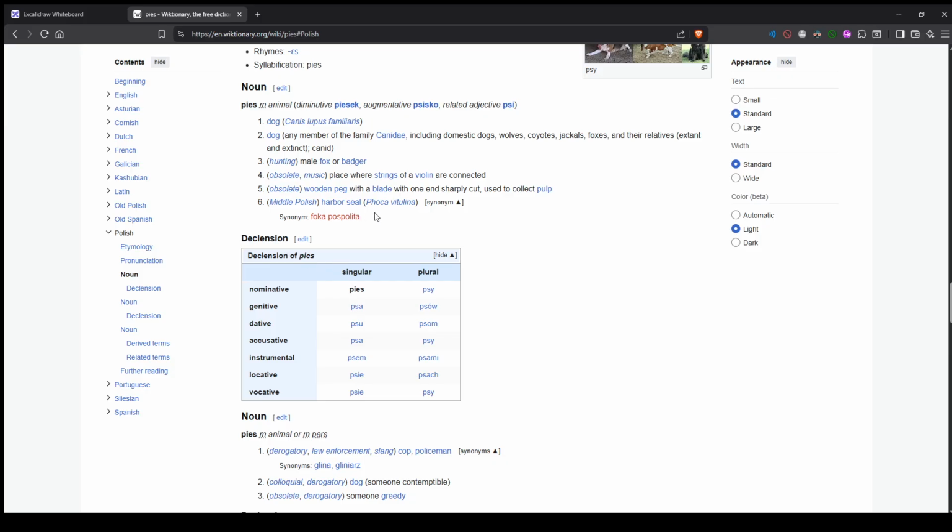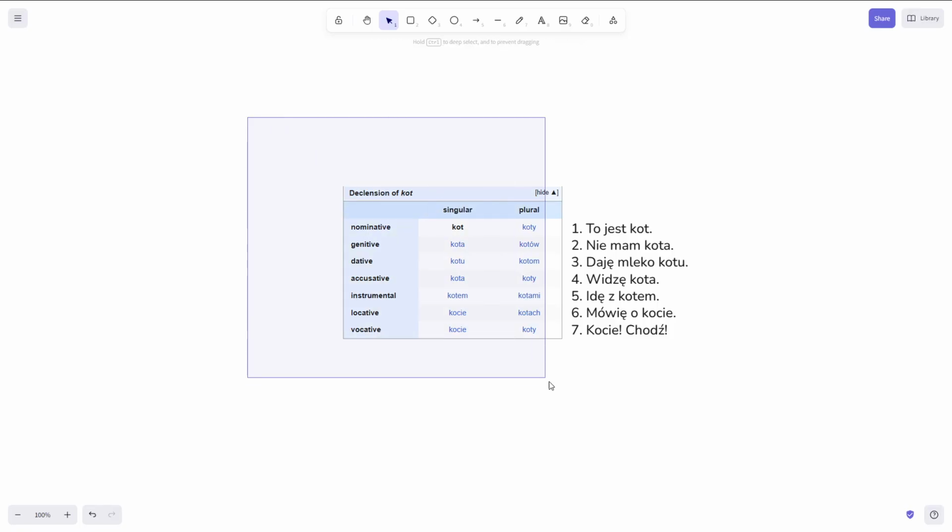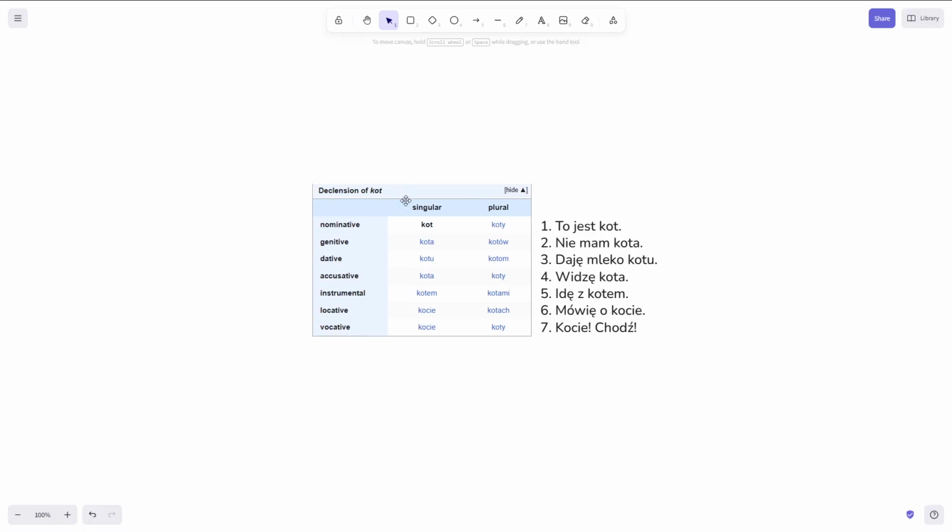Or maybe you can just Google Polish declension of and put your noun, okay? So basically that's how I found also this table of our word cat. So we have our table of kot or cat, and we have our cat in different cases. Kot, kota, kotu, kota, kotem, kocie, kocie.